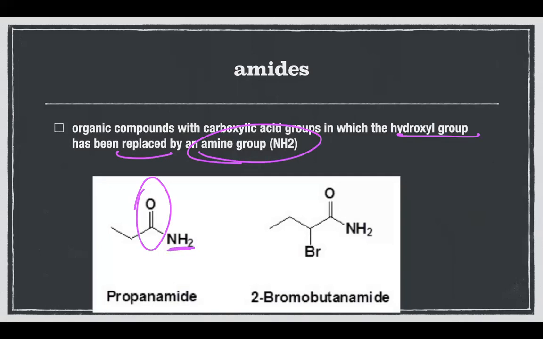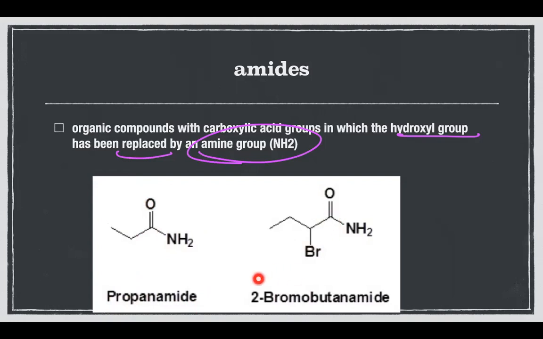And of course, looking at the structure here and then how you name it. So if you see double bond O sticking up and a nitrogen at the end, again, of course, because it comes at the end, that's where the carboxyl group used to be. Then you count, here's 1, 2, 3, and you just have the alkane name without the E, and then you add amide at the end. So this is propanamide.